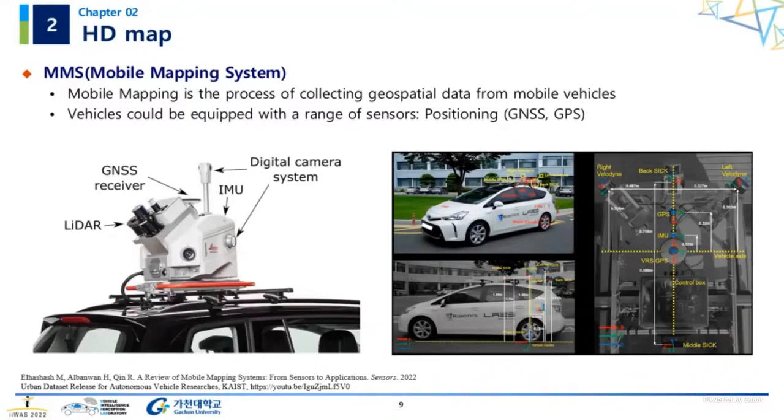The mobile mapping system, MMS, which is considered the most suitable method for acquiring various and complex geometric feature information in the real world, especially the city, is an integrated system using various sensors. Since the MMS is composed of various types of sensors, the performance of this system is determined according to the performance of each sensor.